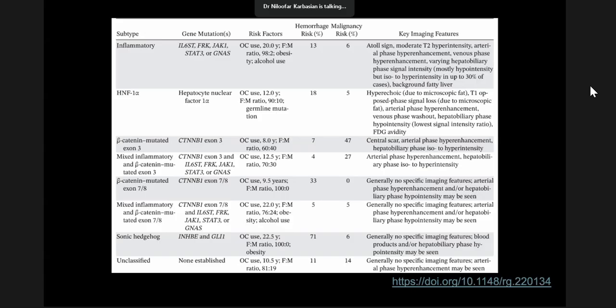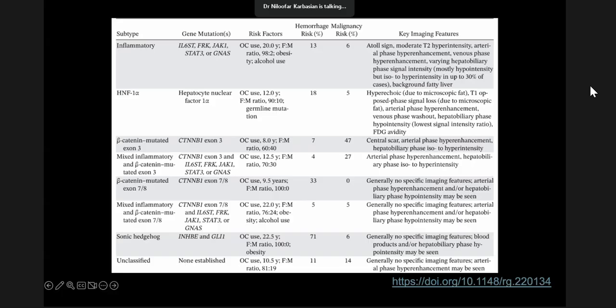They happen more often in women, 90 to 10 ratio, and they have this classic homogeneous microscopic fat in them. If you use in-phase and out-of-phase, they have this diffuse loss of signal because of intralesional fat. And this is among the very few types of adenomas that you can slam dunk diagnose by imaging. Again, follow-up is helpful, but this is super highly suggestive of an HNF1 alpha adenoma.